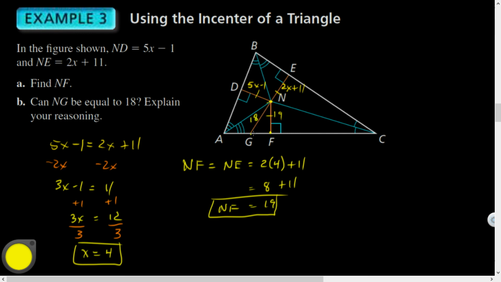That is not perpendicular to it. The shortest distance from a point to a line is perpendicular, and this number could not be less than 19. It could not be equal to 19. It would have to be greater than 19 in order for that to work out. So the answer is no, because it is not the shortest distance to the segment AC, and therefore cannot be less than 19. Little bit of trivia there for us.